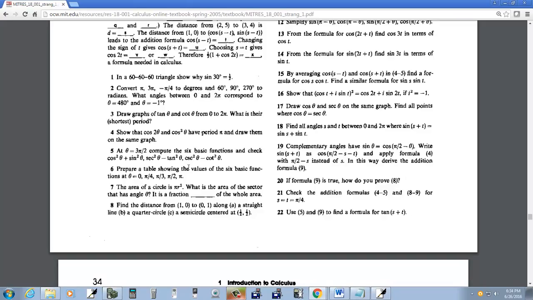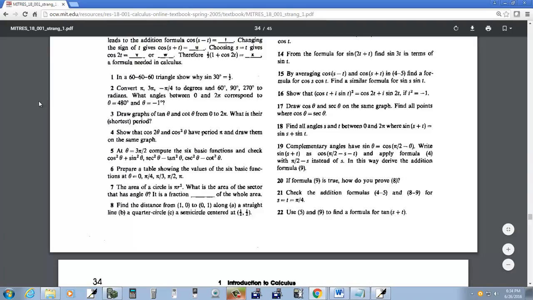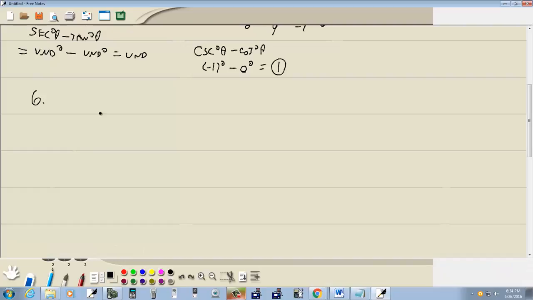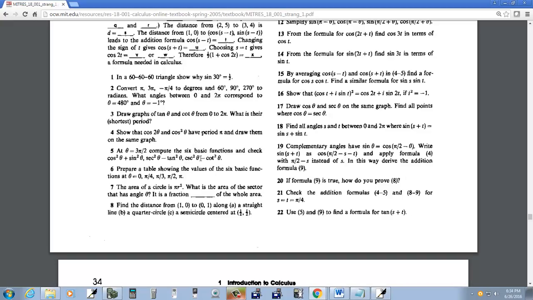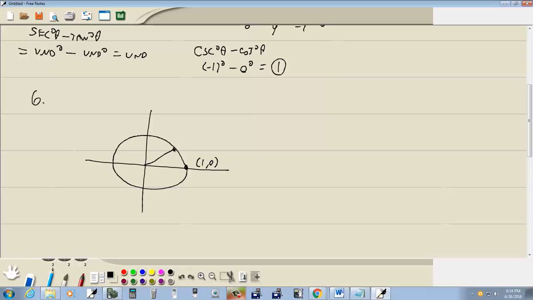Prepare a table showing the values of the 6 basic functions at 0, pi over 4, pi over 3, pi over 2, pi. So we got 0 here, which is (1, 0). Pi over 4, which is right here, which is square root of 2 over 2 and square root of 2 over 2.